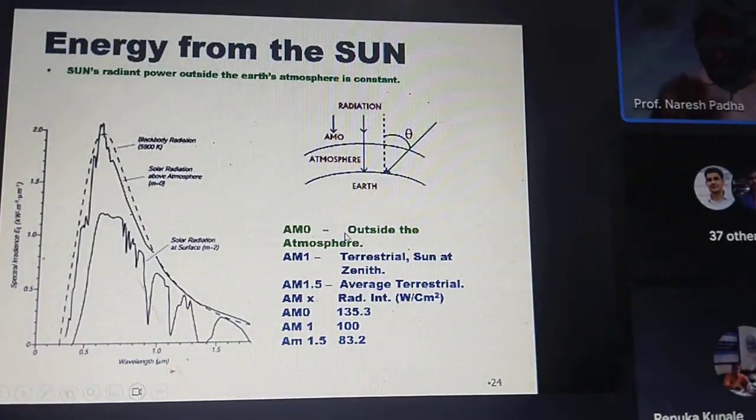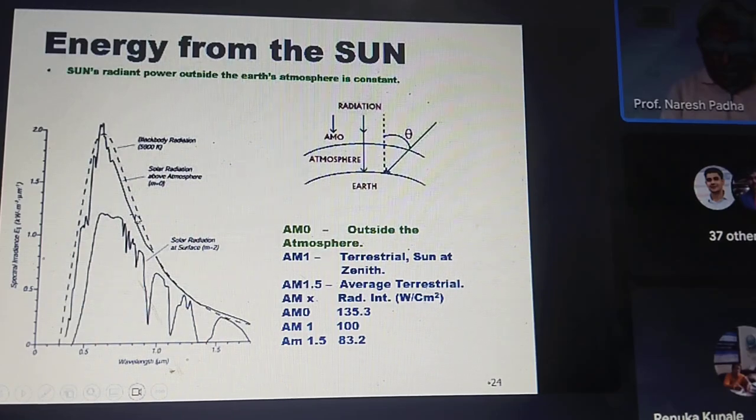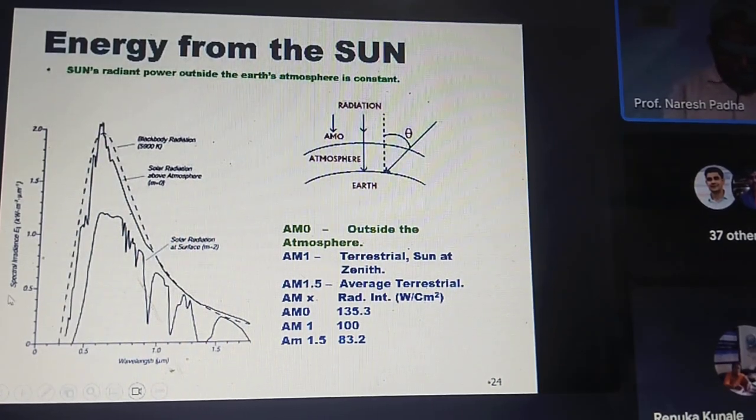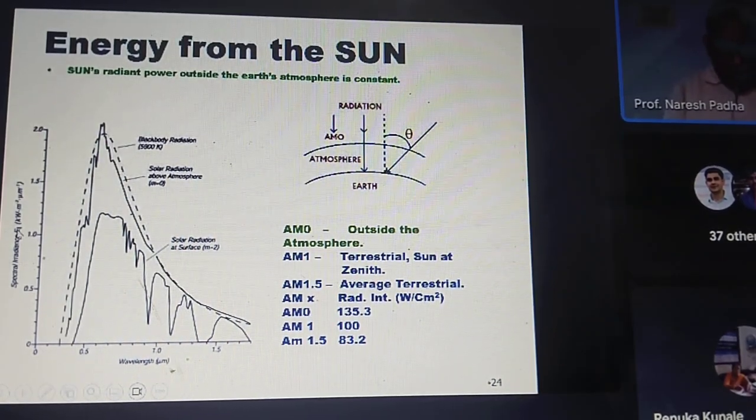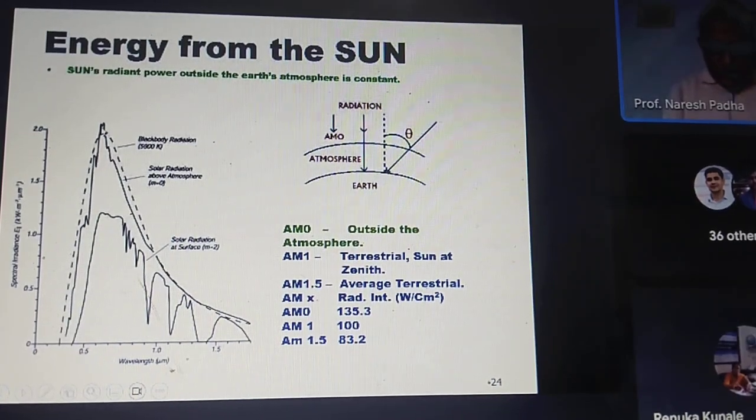AM0 means you are outside the atmosphere, this black line, and this is the wavelength on the x-axis, and spectral radiance, kilowatt per meter square, on the y-axis. So this type of intensity energy is available.